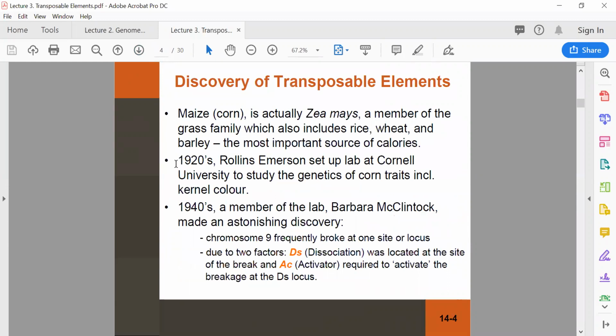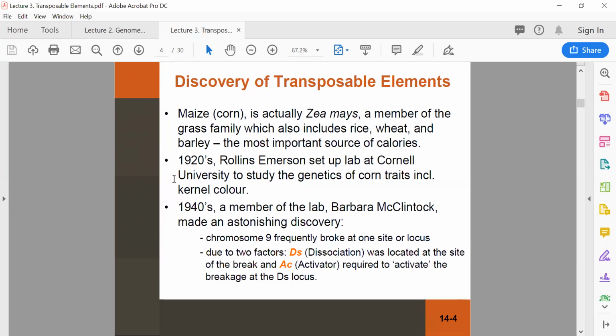Let's go back a little bit further, back to the 1920s, and this is where a scientist called Rollins Emerson set up a lab at Cornell University to study the genetics of corn traits, including kernel colour.